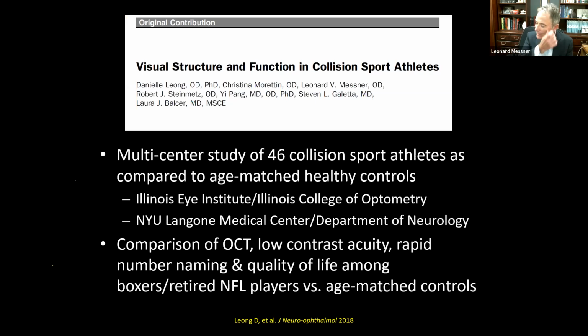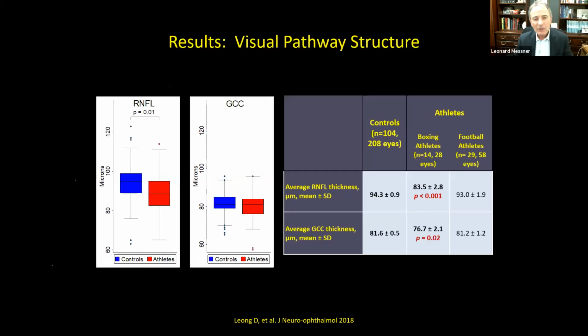So we did a study where we looked at 46 collision sport athletes, the vast majority of these being retired NFL players, as well as boxers, and looking at their OCT findings, as well as low contrast letter acuity function as compared to otherwise healthy age-matched controls. And what we found, rather interestingly, was a statistically significant thinning of both the retinal nerve fiber layer as well as of the ganglion cell complex in the athletes group as compared to the controls.